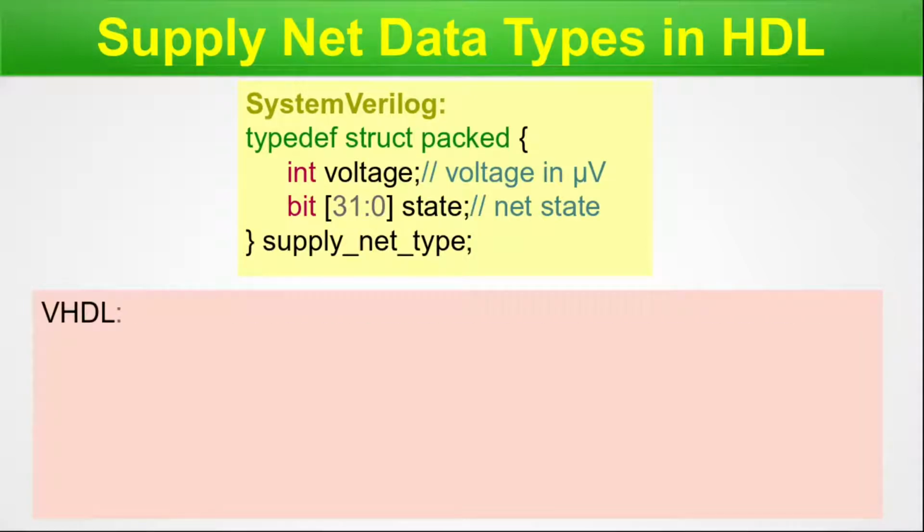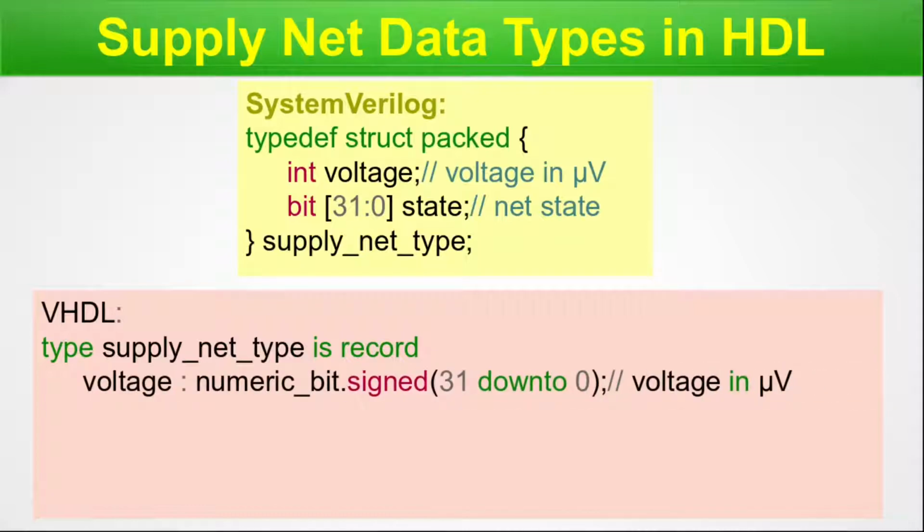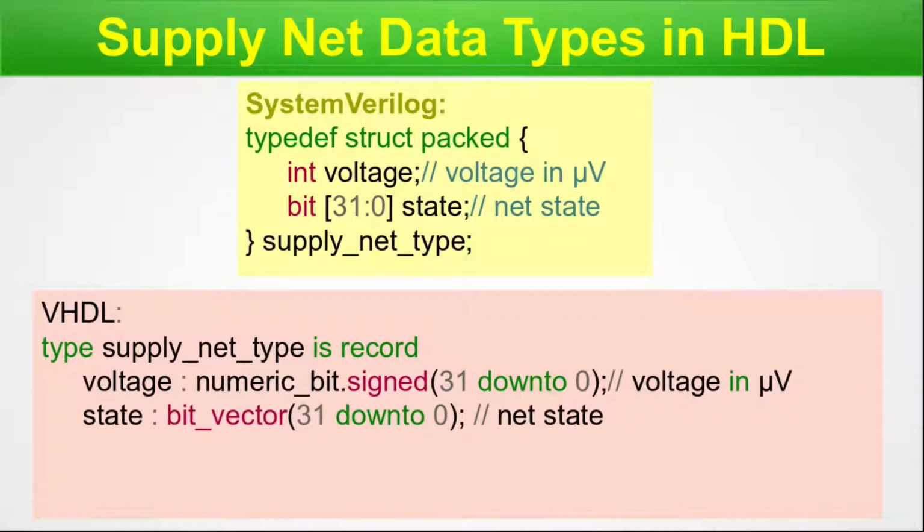Now let's look into the VHDL. Type supply_net_type is record, voltage numeric bit signed, and then we have the bus width, and it gives voltage in microvolt. The next one is state.